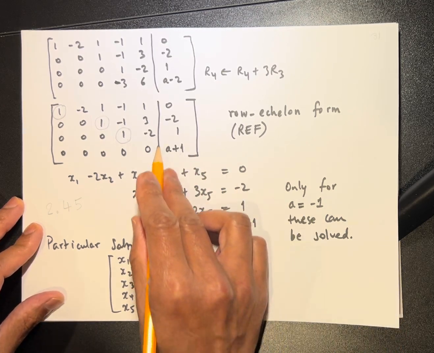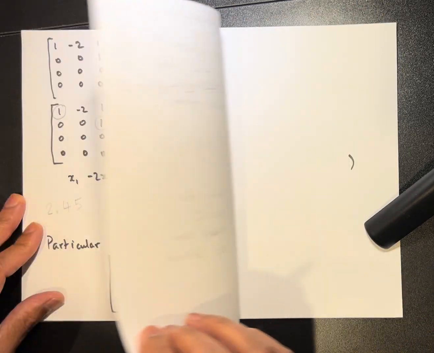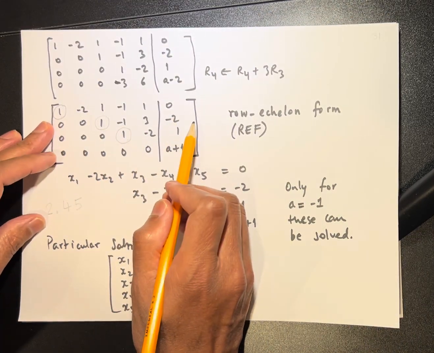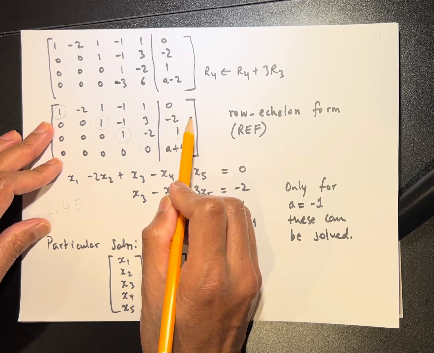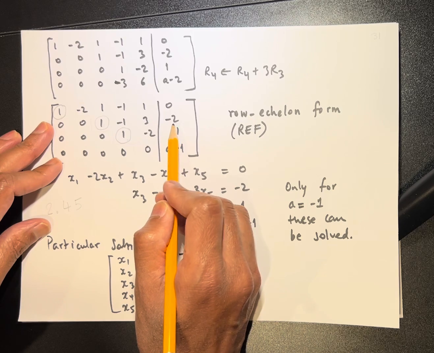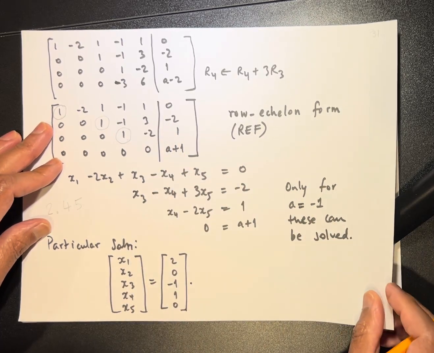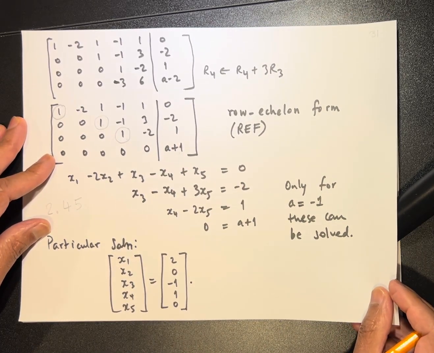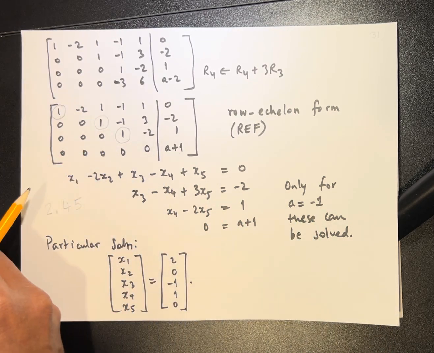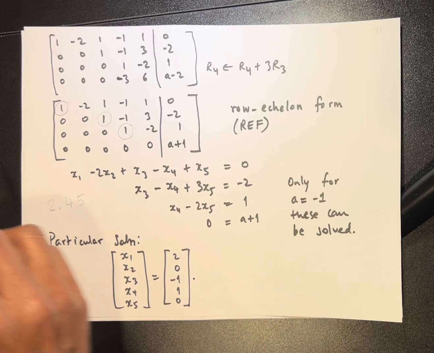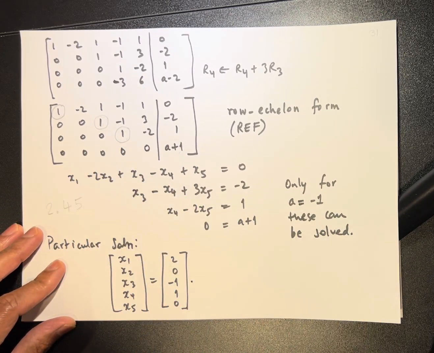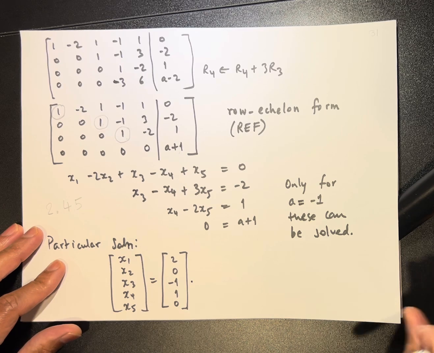So they are saying you can just do it like this: we did it from the reduced row echelon form, which was much easier, but they are explaining how to do the particular solution from the row echelon form itself. So let's see what they are talking about.